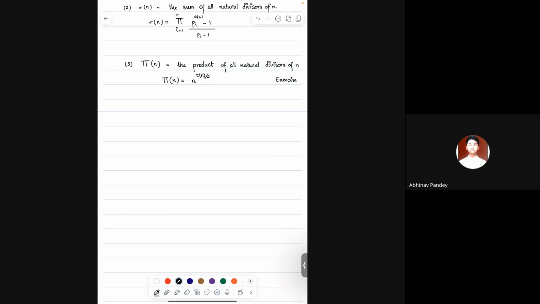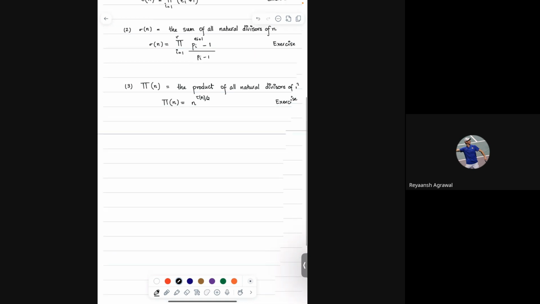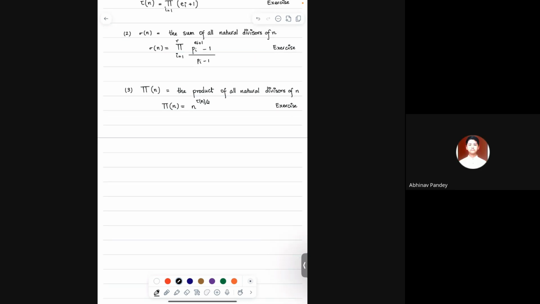Yes. I don't think you need the floor function. It works always. Tau of n can be odd, right? If tau of n is odd, then n is a square. Yeah, I think you'll be fine. I'm pretty sure that this formula works. Yeah, it's the right one.